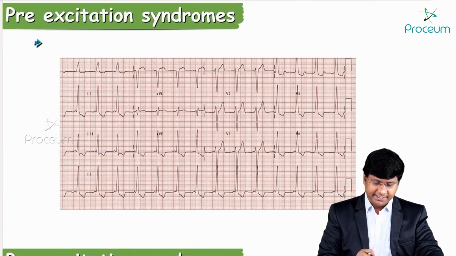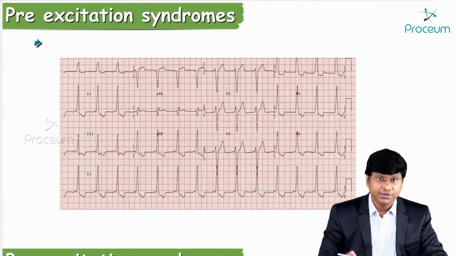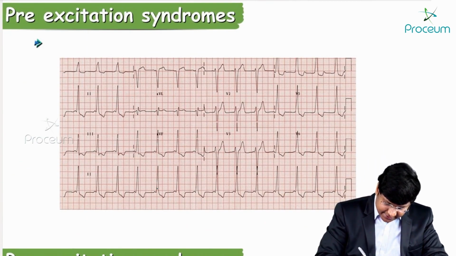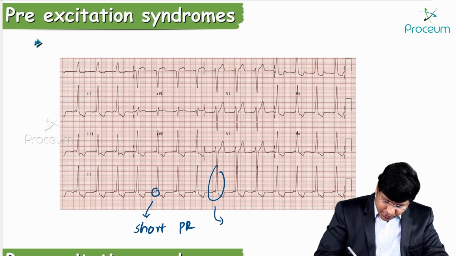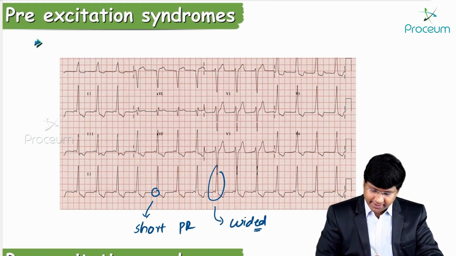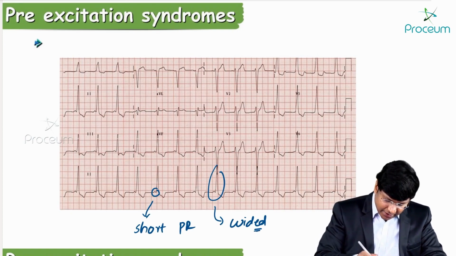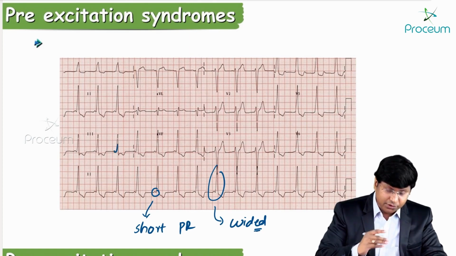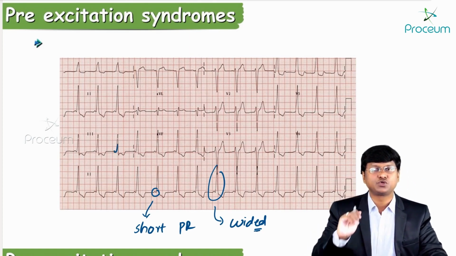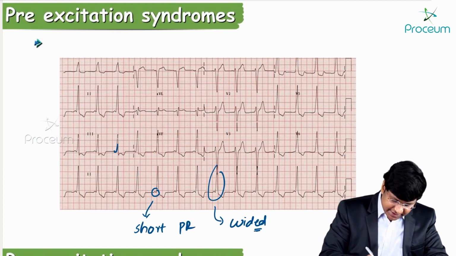Now you take this particular ECG. In this ECG, you are able to make out everything. You have a short PR interval, and if you take the QRS complex, it is a wide QRS complex. You are also able to make out that there is a slurring of the upslope of the QRS complex. And what is that called?